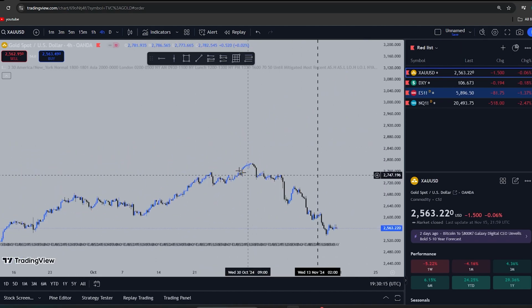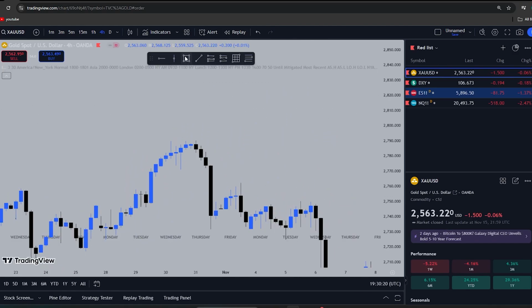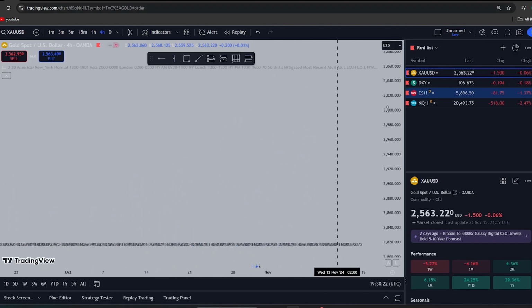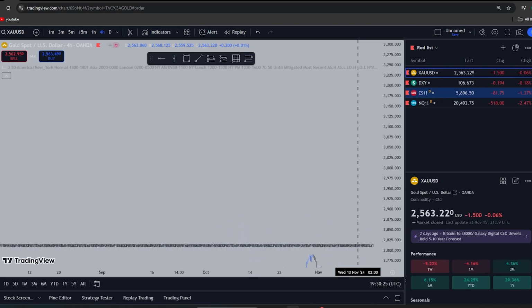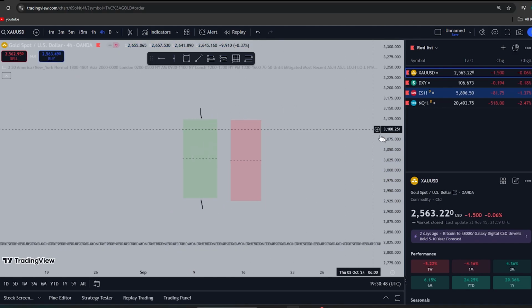Okay, here we can talk about highs and lows that are created by candlesticks. Now the way I teach highs and lows is a 2 candlestick pattern. Let's draw this out. Say we have a bullish candle. This is the highest point, this is the lowest point, joined by a bearish candle.